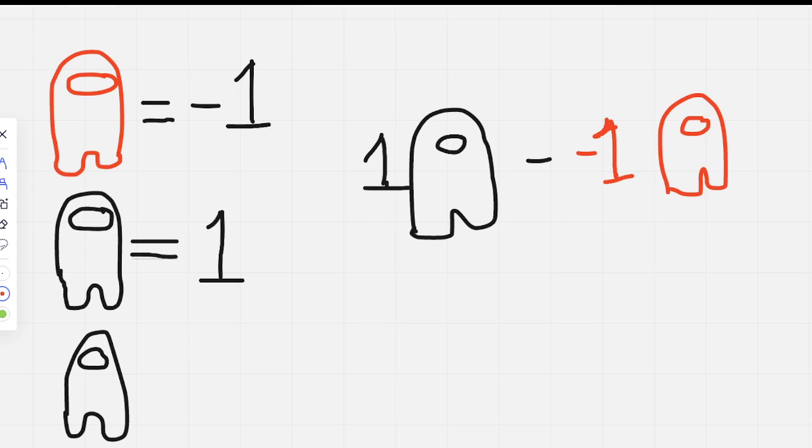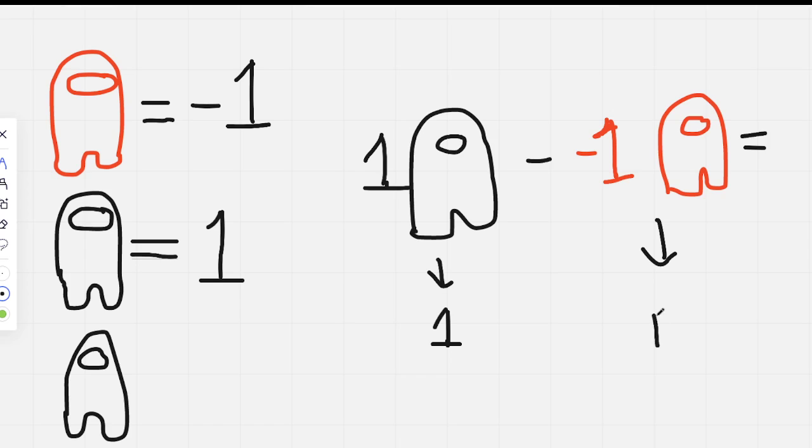A little trick you can use here for subtracting a negative imposter is to think about what happens when the imposter leaves the room. First of all, this crewmate wouldn't die, right? Because the imposter is just leaving the room. So we keep the 1 here. And since this imposter leaves the room, he also doesn't get voted off.